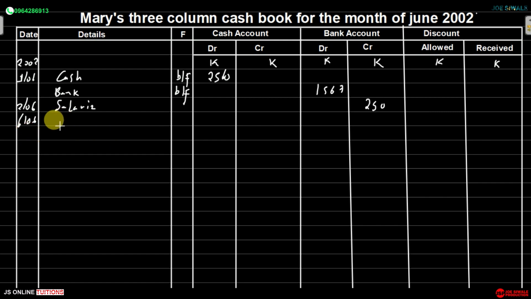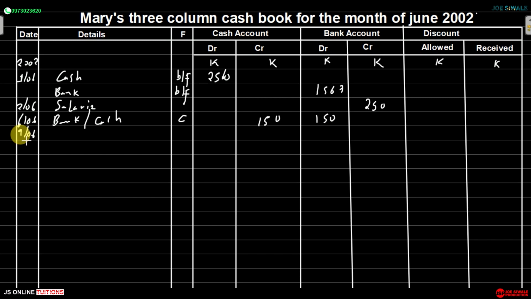So we're going to say bank stroke cash. The cash account is going to be credited with 150. Then the bank account is going to be debited with 150.